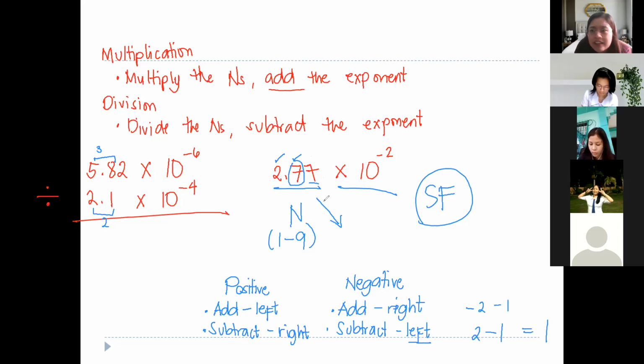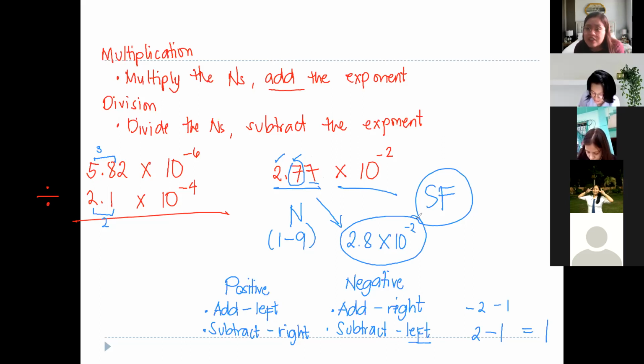Round off. This will become 2.8. 2.8 times 10 raised to the power of negative 2. So, in this case, we have followed the correct rules for the scientific notation, and at the same time, we have applied also the rules for the correct significant figures.